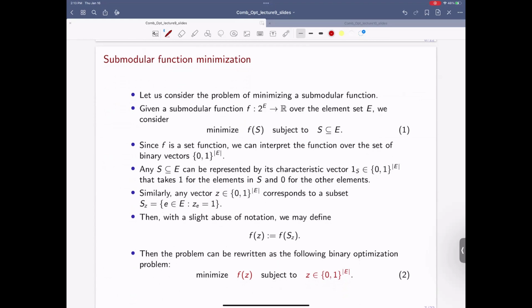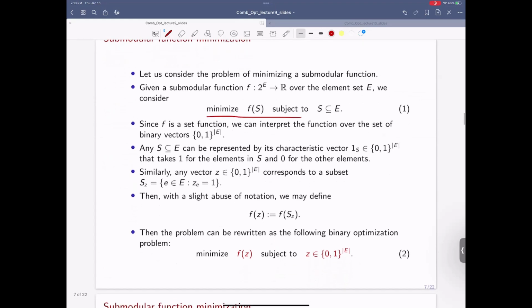So we look at the problem of minimizing a submodular function. Let's look at this equation 1. We have this submodular function. So the question is, which subset minimizes the value of the submodular function? I want to pick a subset.